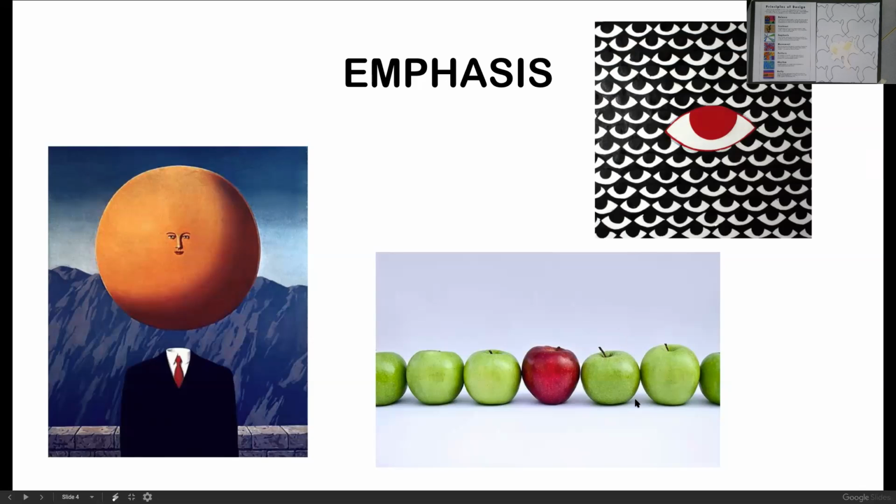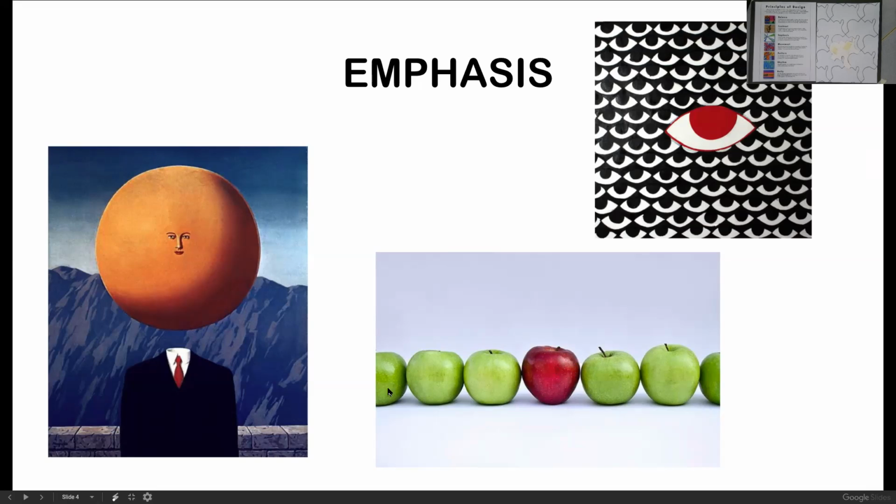So for the middle one, I saw that the red apple stands out against all the green ones. Okay, why do you think that's the first thing you saw, Adam? Because I saw a bunch of apples, all of them are green, but I saw one red one.